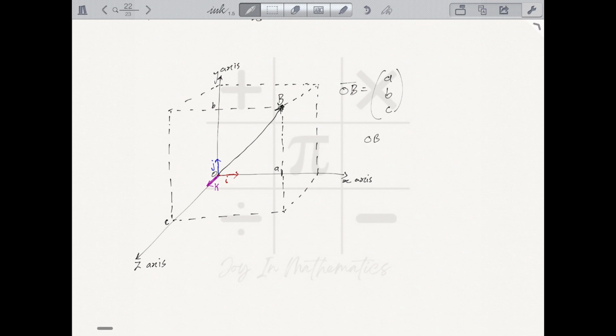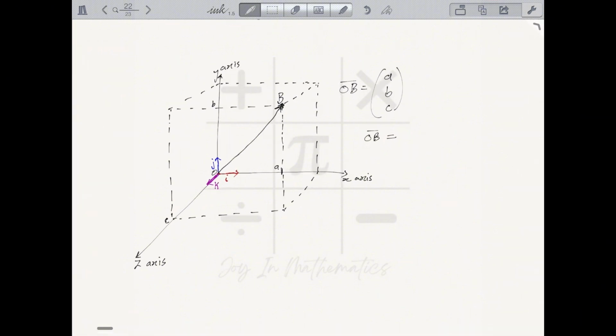To rewrite OB in terms of unit vectors, we can simply write it as Ai, because i represents the x-axis, plus Bj, because j represents the y-axis, and finally plus Ck, because k is the unit vector on the z-axis.